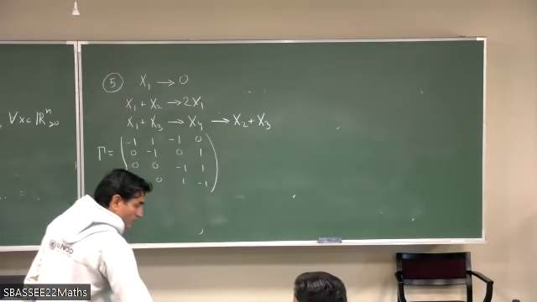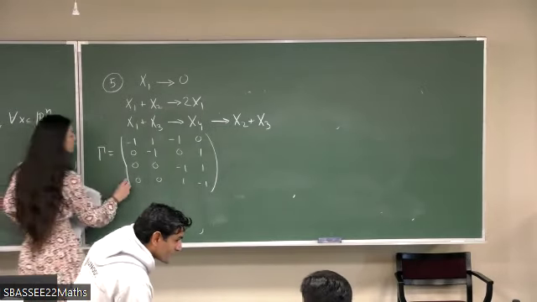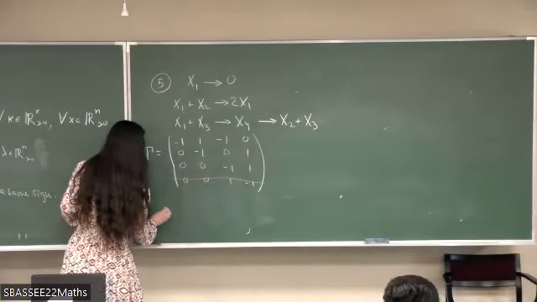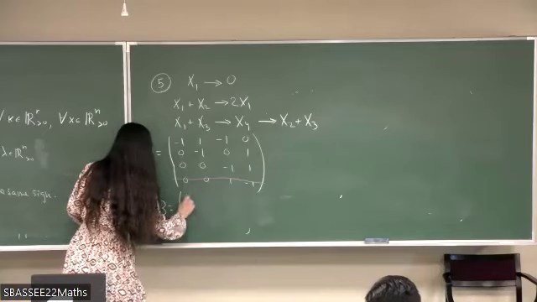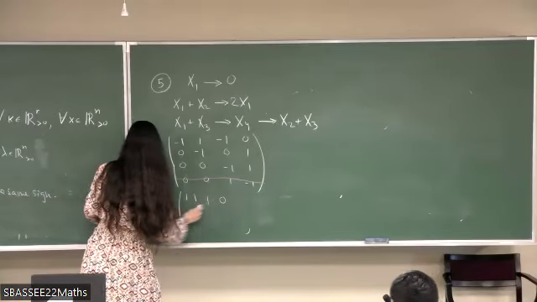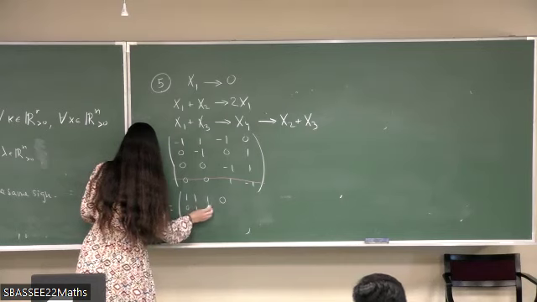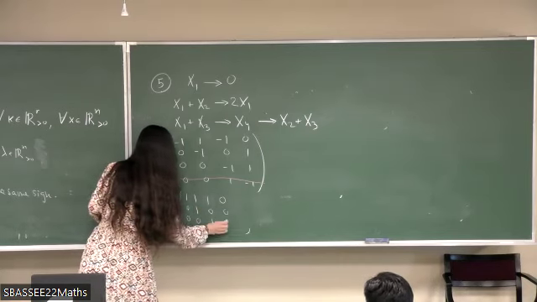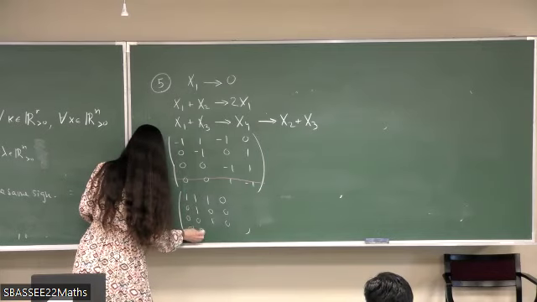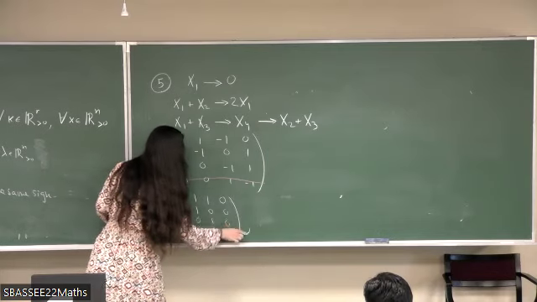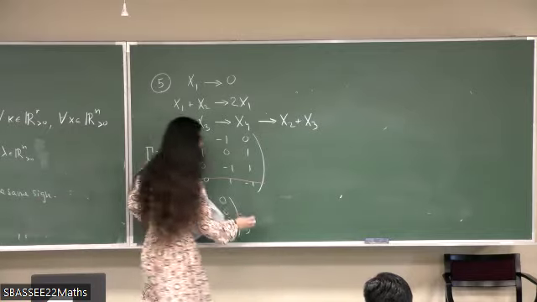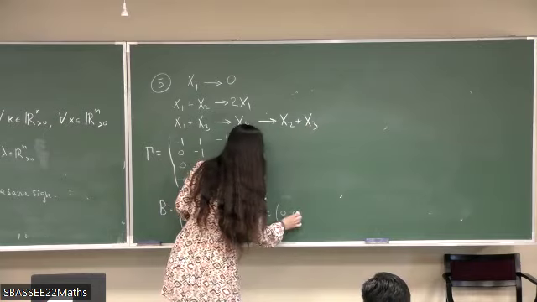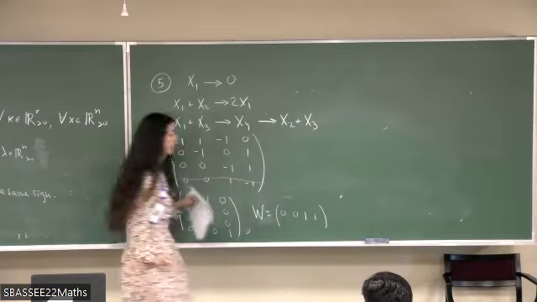And I can get rid of the last row because it is minus the third one. B looks like this. And a matrix of conservation laws could be this.